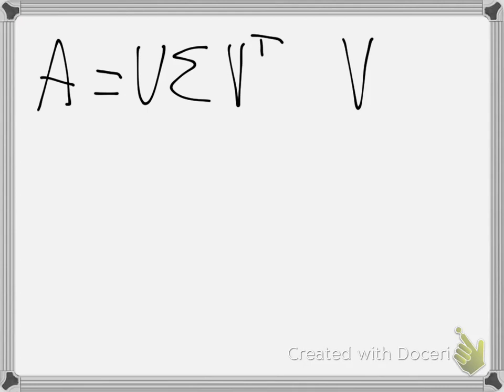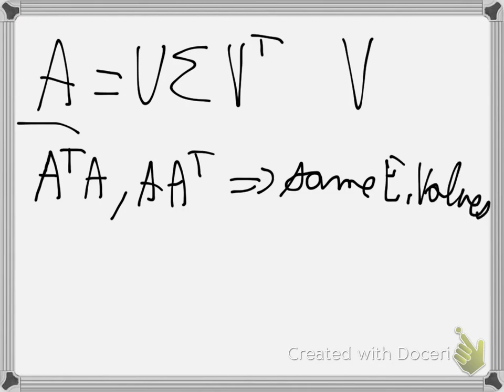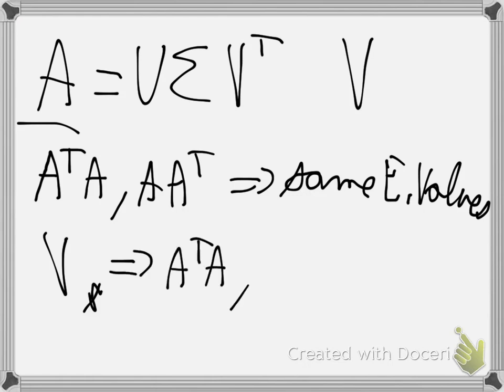Okay. So just to recapitulate, you need to find the eigenvalues of A transpose A or A A transpose. These are the same eigenvalues. Then you can find the orthonormal eigenvectors: for V, you apply the eigenvalues to A transpose A, and for U you apply the eigenvalues to A A transpose.